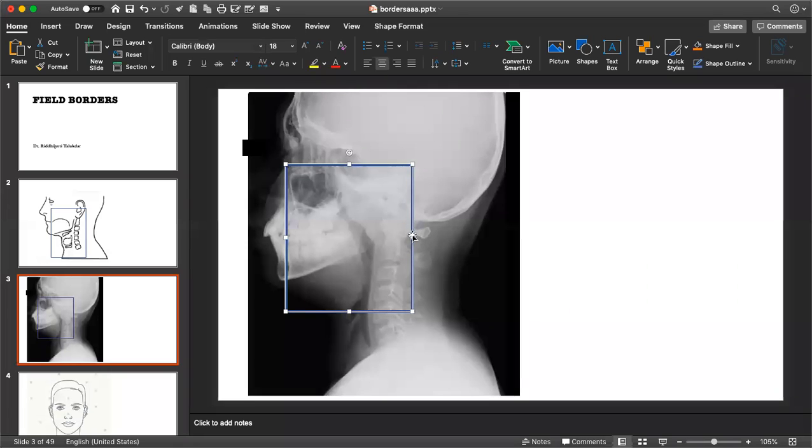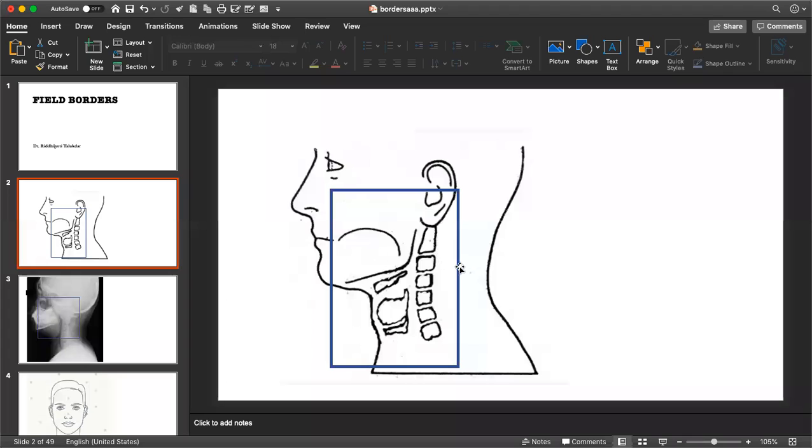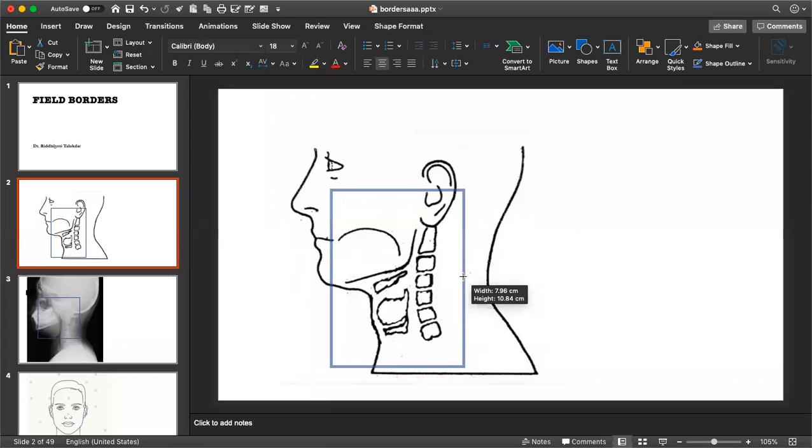So again, the posterior border would be at the posterior border of the spinous process, and if you're doing a planning in the clinical setting where you're just planning based on the anatomical landmark of the patient, you have to put the posterior border at the mastoid process, a straight line drawn straight down from the mastoid process.